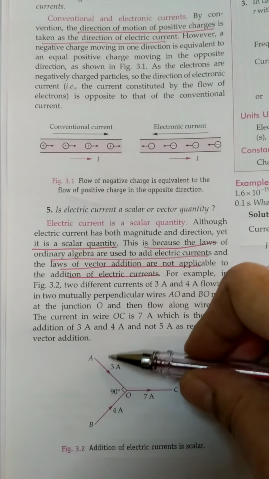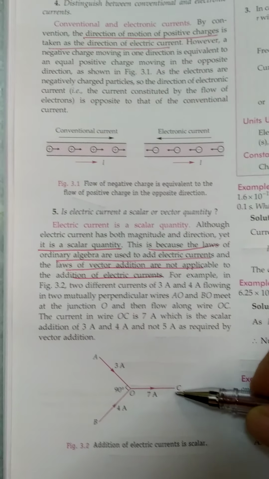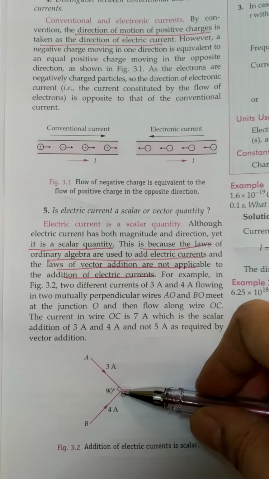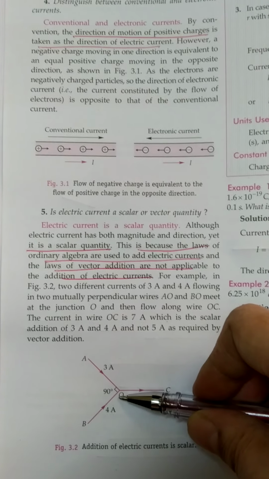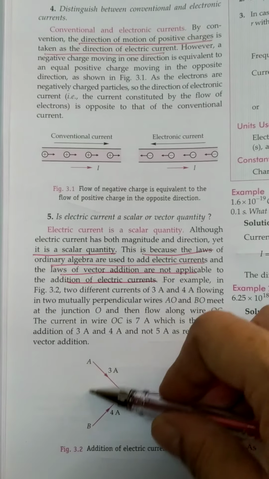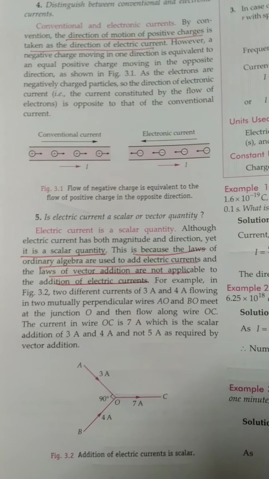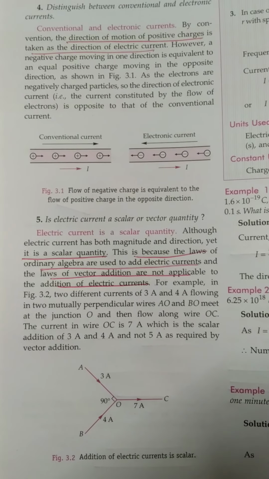Means the net inward current is equal to the net outward current. At one point, the total current is equal to 0. We didn't find the current according to the law of vector addition. So electric current is considered as a scalar quantity.